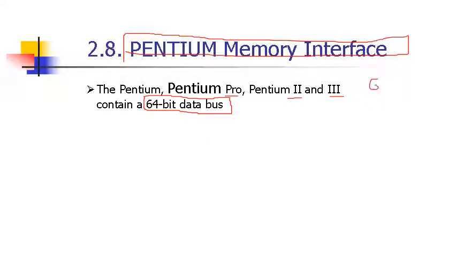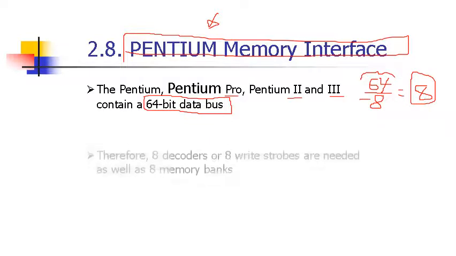Which means in interfacing memory with your Pentium processors, you have to divide your memory into 8 different banks, because your data bus now is composed of 64 bits. You have to group them into bytes, 8 bits, so you have to make your memory divided into 8 different banks.